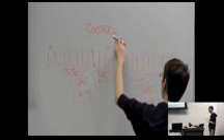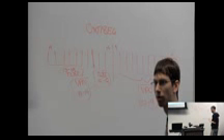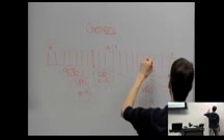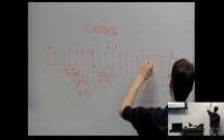So what's 6? 6 is 2 plus 4, right? 0, 1, 1, 0. Confused myself there. Right, 0, 1, 1, 0, okay, great.